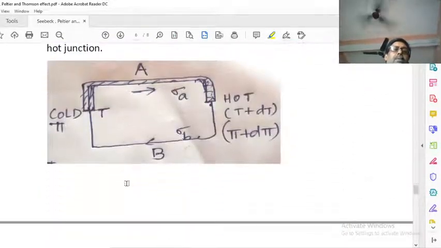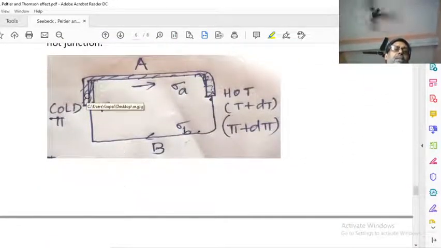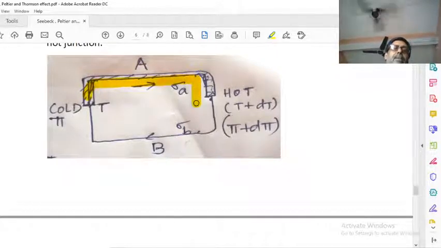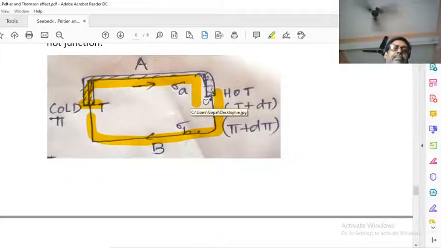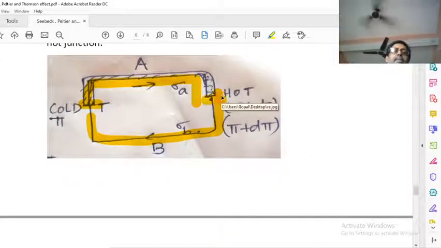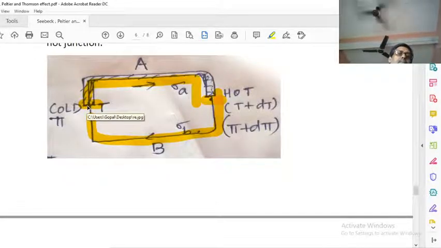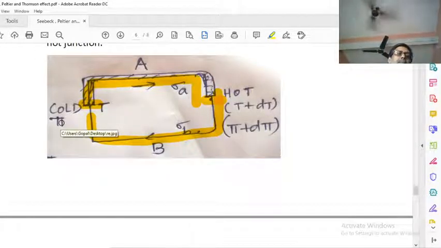For this, first, we take a metal here and another metal here, and this is the junction where they are joined. This junction is kept cold, its Peltier coefficient is pi, and this metal is A and this metal is B.